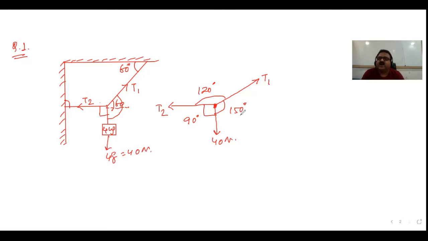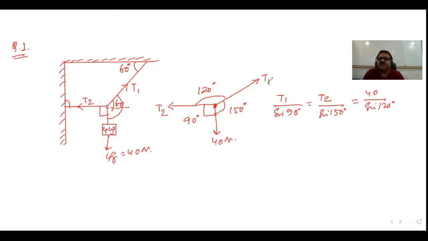Now I'm going to apply Lami's theorem. What is that? T1 by sine of the opposite angle, T2 by sine of the opposite angle, and T3, that is 40 Newton, by sine of the opposite angle, that is 120.